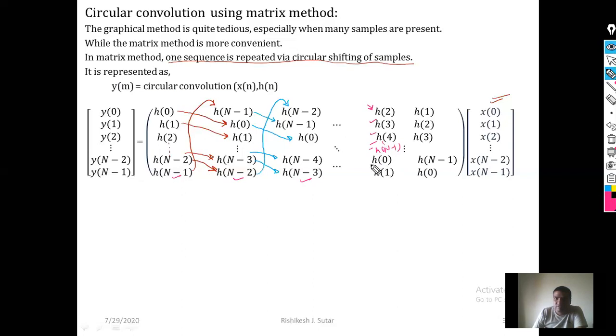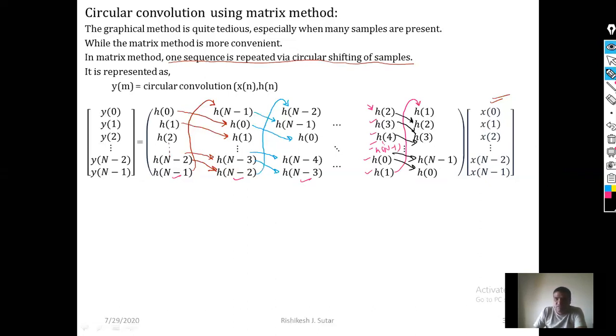After that there would be h of 0, then h of 1. This h of 1 you can bring to the first row in the next column. Then h of 2 you can write here, h of 3 here, h of 4, then h of n minus 1 will come here, h of 0 will come here, and so on.